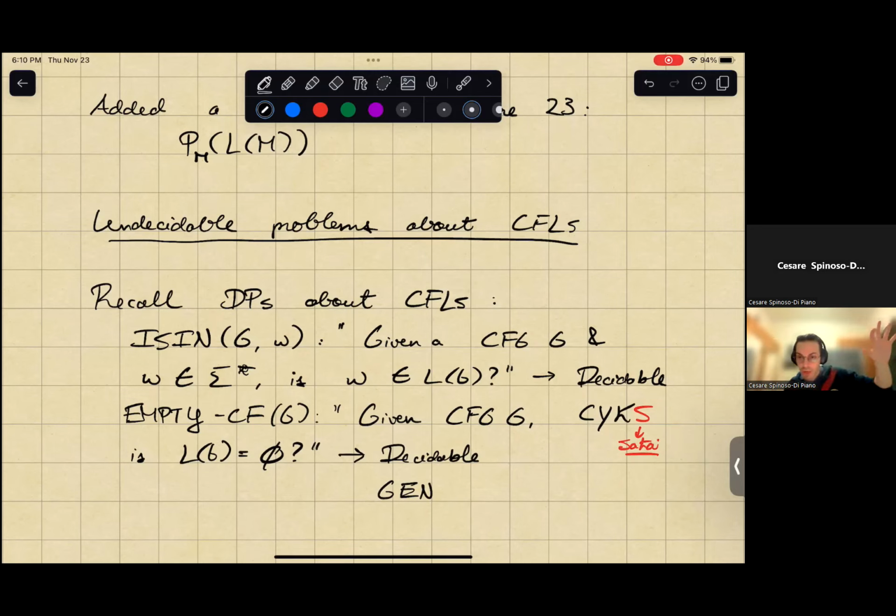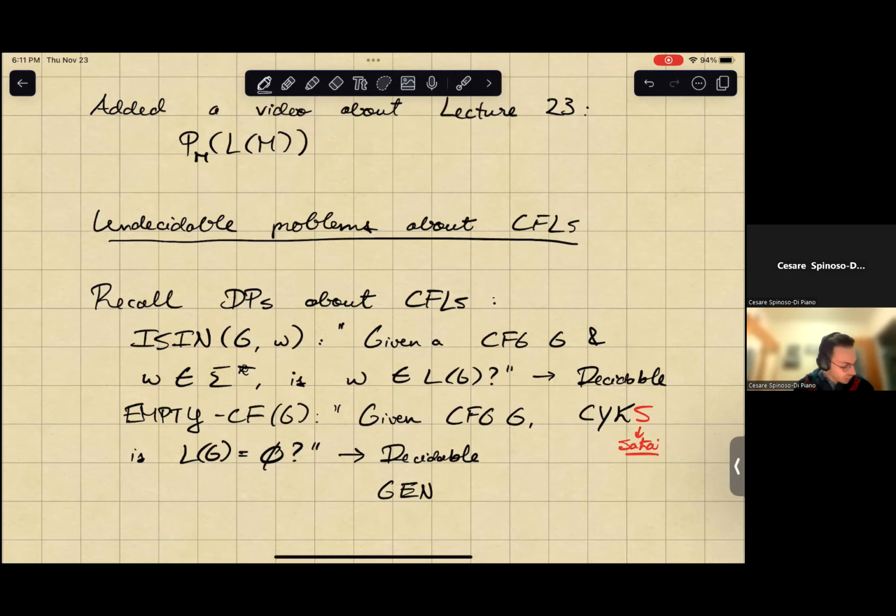And if the start variable is in that list, which is called the gen list, then that means that the grammar generates at least one string of terminals. Otherwise it doesn't, and that means that L of G is empty. Okay? Okay, awesome. So those were the decidable problems about context-free languages.